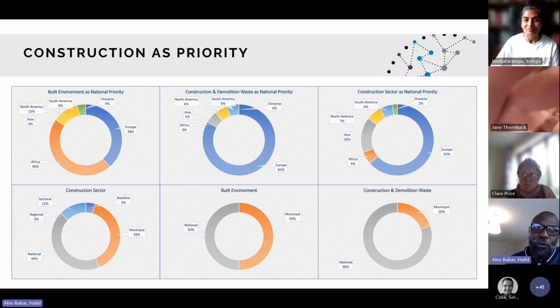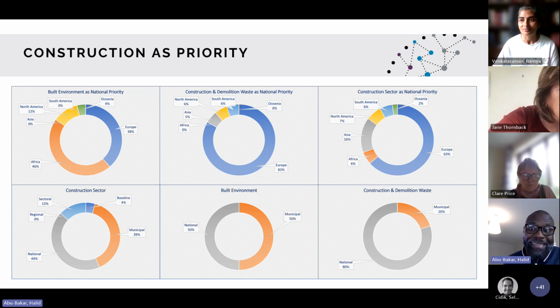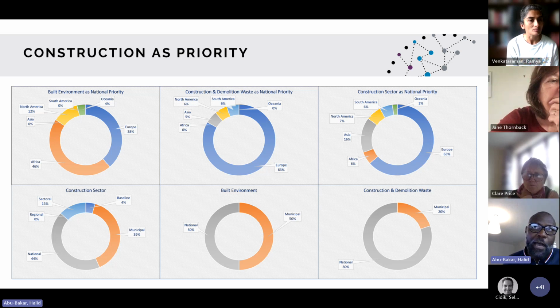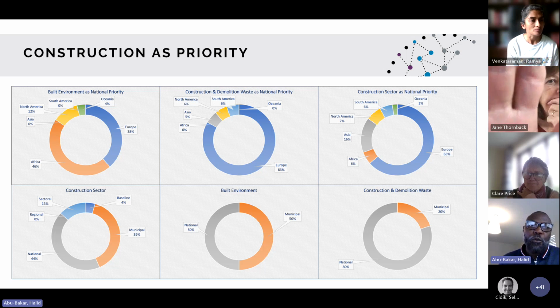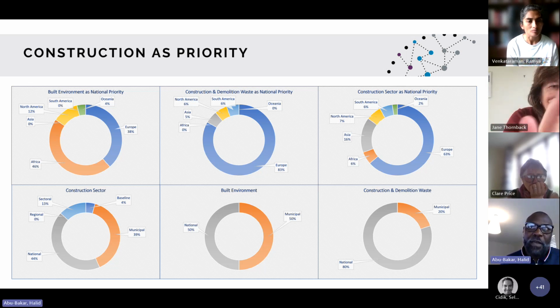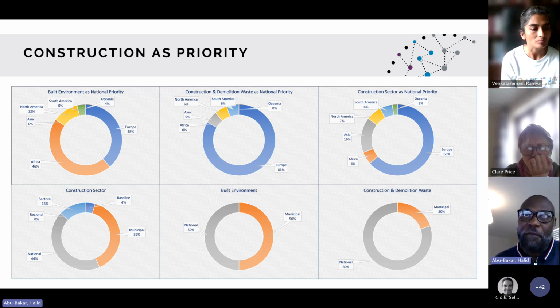Now focusing on construction as a priority area. Again, we've got some statistics from all the different roadmaps that I've collected. Because there is a synergy, a relationship, between construction as a sector or priority area, built environment, and also construction and demolition waste, I collected the national distribution of roadmaps globally and visualized them here.